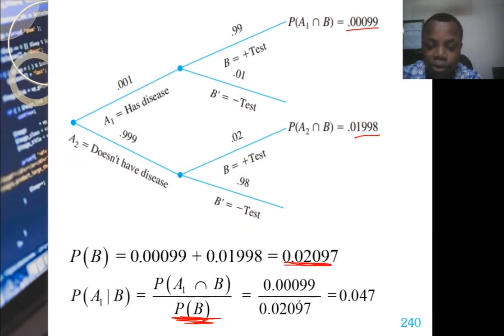So if we go through this and simplify, we are getting 0.47. Okay, so remember that probability of A1 intersection B is what we have here, and the probability of B is what we have down here. We just simplified here, and that is what we have.